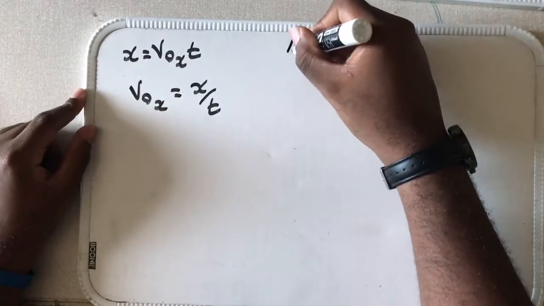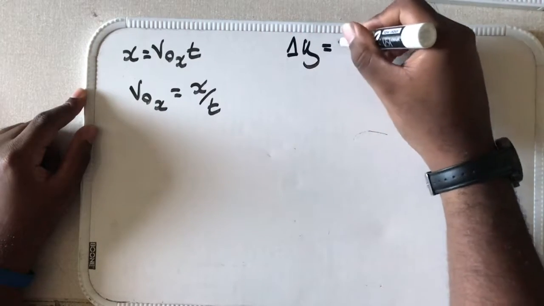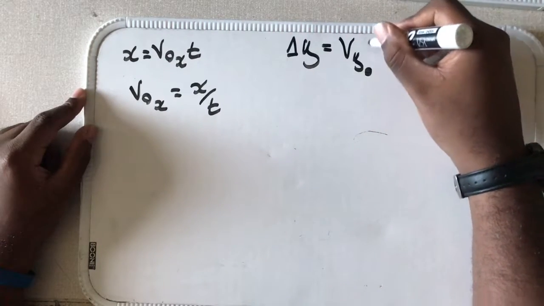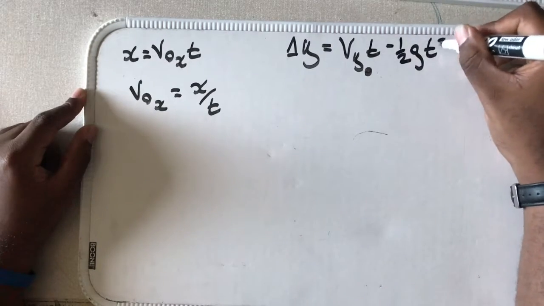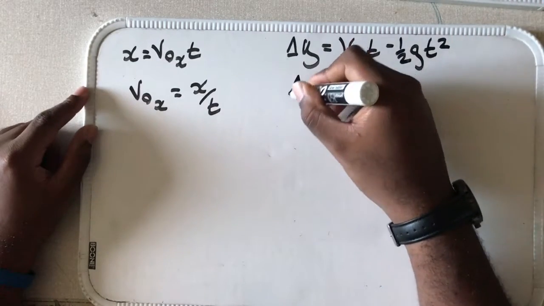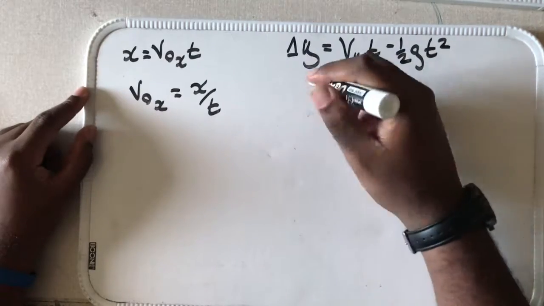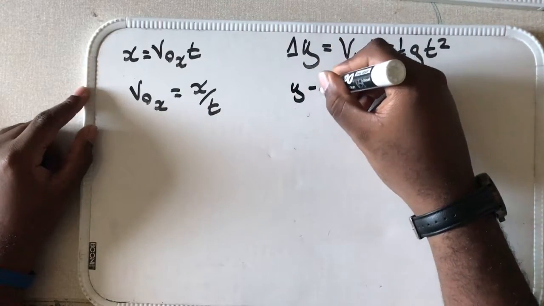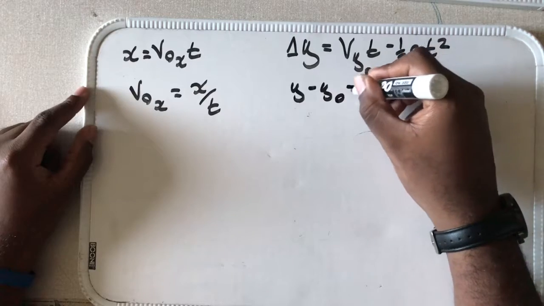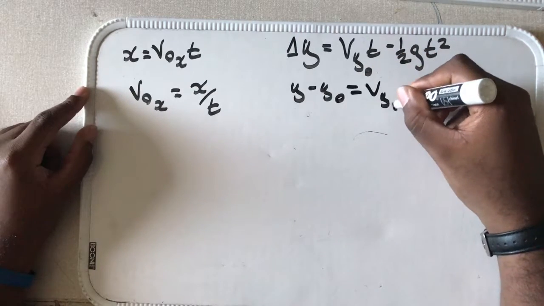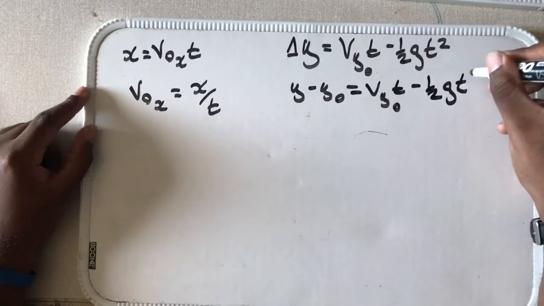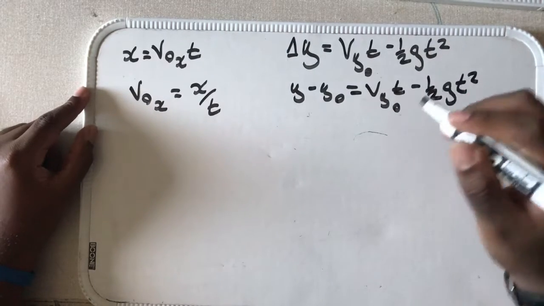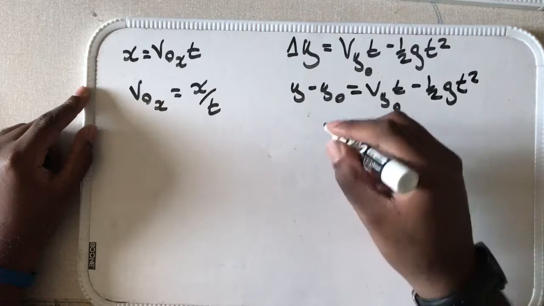If I were to use this equation, I know that my change in displacement, y minus y naught, equals v y t minus 1/2 g t squared. What I do know is that my final height is 0.